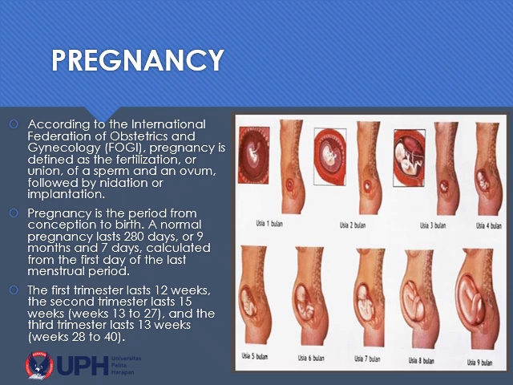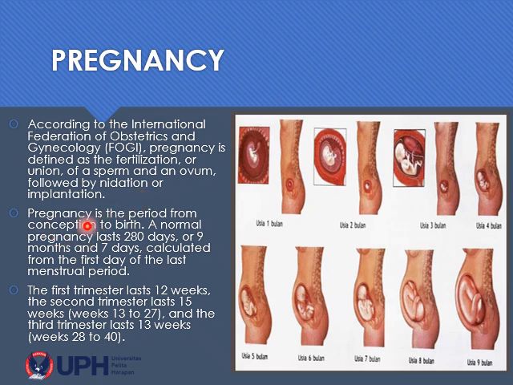So after the fertilization, the pregnancy happens. As the Federation of Obstetrics and Gynecology International mentioned, pregnancy is defined as the fertilization or the union between a sperm and an ovum that is followed by implantation.